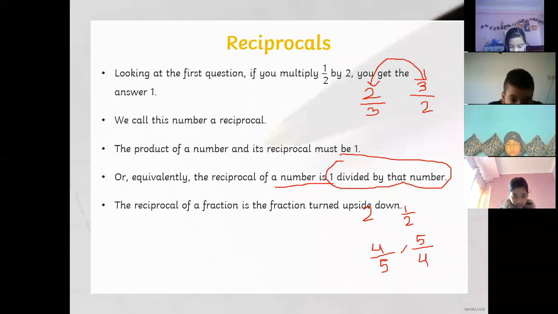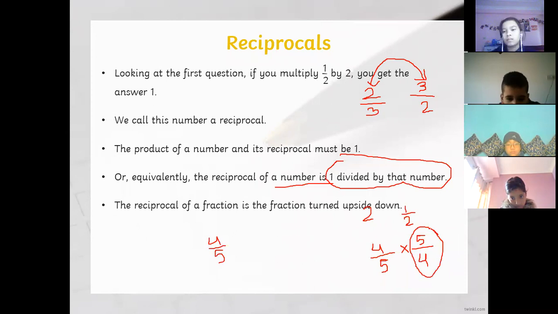And if you multiply these, you will get the result 1. Now suppose this 5 by 4 is your reciprocal, and what will be the equivalent fraction for this?